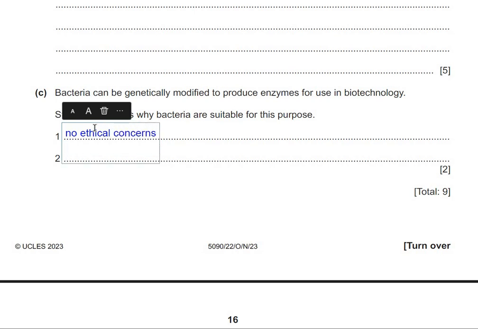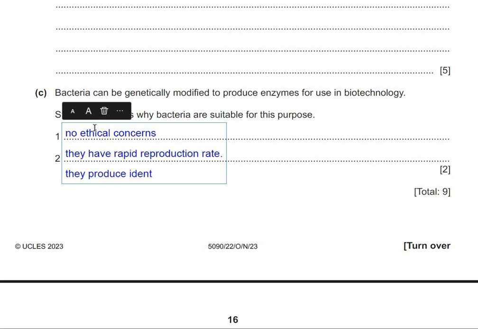The second reason could be that they have a rapid replication or reproduction rate. Some more points I'm writing right over here are that they produce identical cells. They are easy to grow.